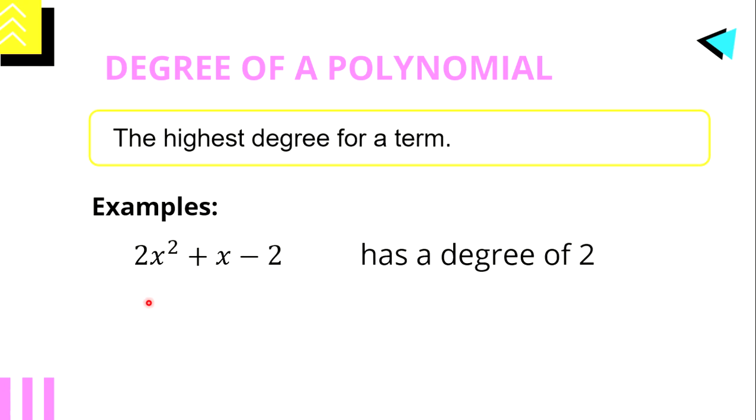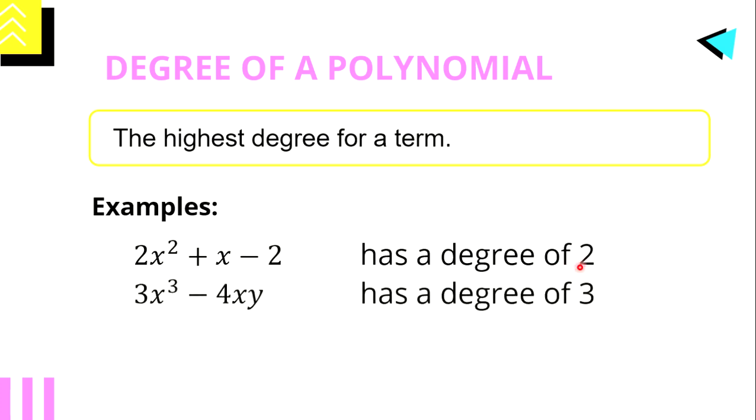The first term, 2x squared, has a degree of 2 because that is the exponent. On the second term, we have x and the exponent of that is 1. And the last term is a constant. There's no variable, therefore the degree is 0.